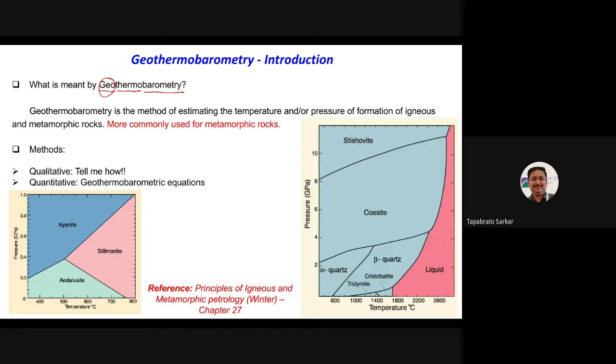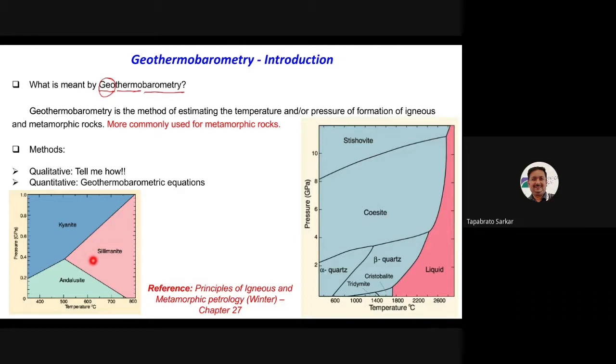Now, how can we estimate the pressures and temperatures? The first way is obviously a qualitative way. We have discussed these, for example the stability field of quartz or of aluminosilicates. From the stability field of a particular mineral we can get an idea about pressure and temperature conditions, but it is not that precise.